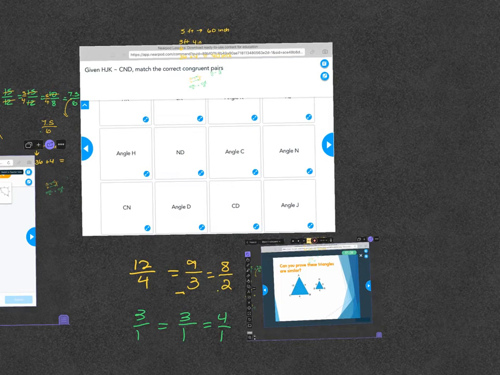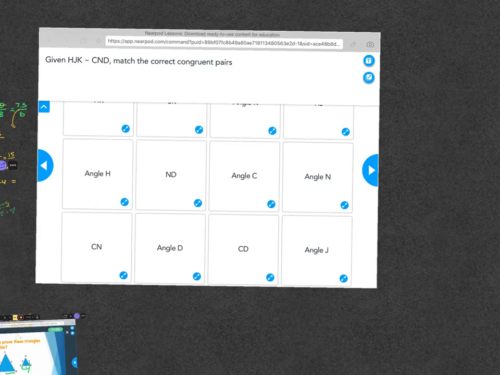All right, now this is like matching. So you got to match which one goes with which. All right, if they are similar, and remember the order of the letters is important, then the first one, which is H, would match the first one, which is C. Second one, which is J, would match the second one, which is N. Third one, which is K, would match the third one, which is D. Order is important.